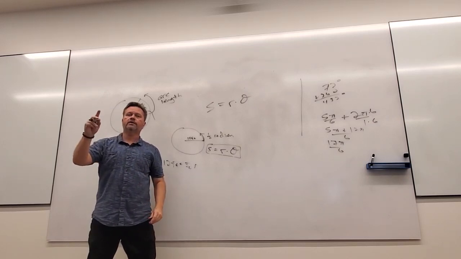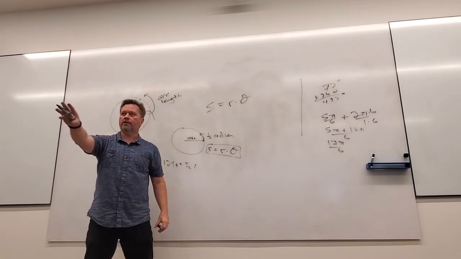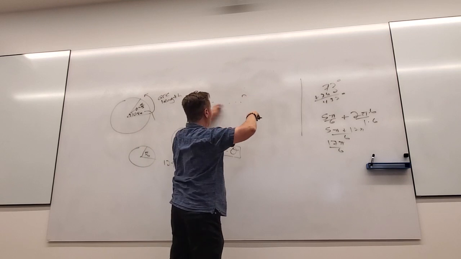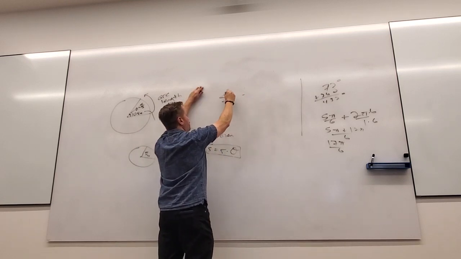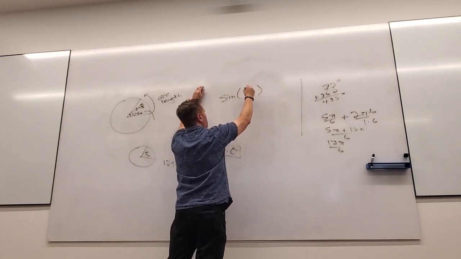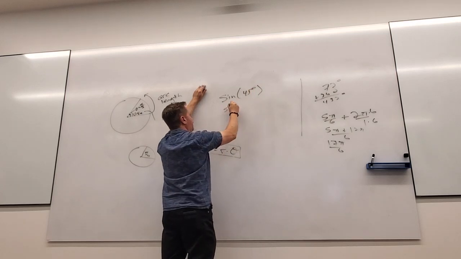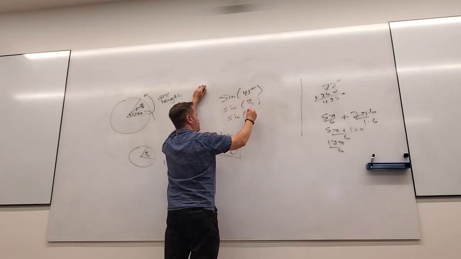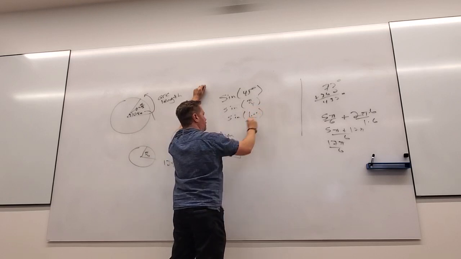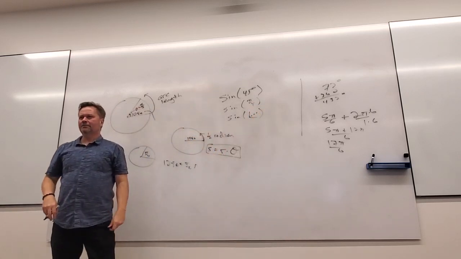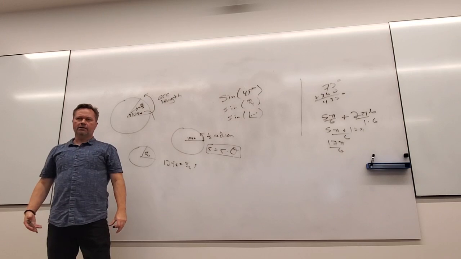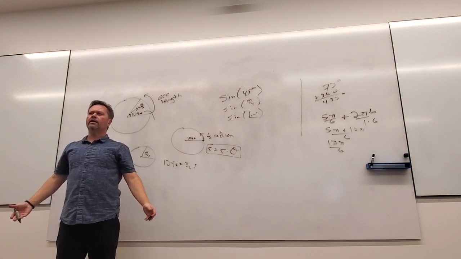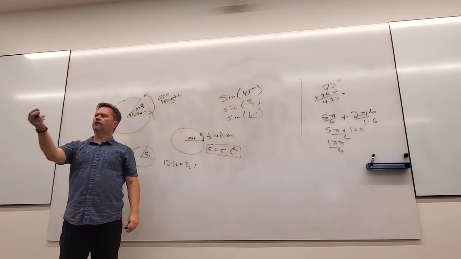So here's what I said earlier when we first started talking about radians. If I have a trig function of an angle, it does not matter if it's in degrees, in radians, or even a picture. It could be in anything as long as I know what angle it's referencing.